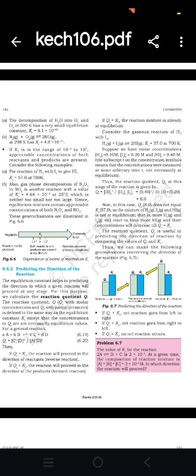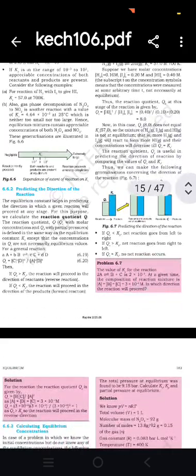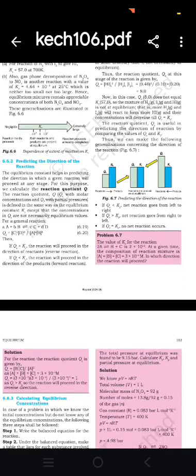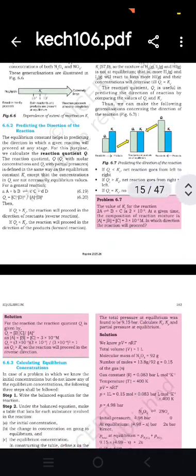For a general reaction A plus B gives C plus D, if Qc is greater than Kc, the reaction will proceed in the direction of the reactants. If Qc is less than Kc, the reaction will proceed in the direction of the products.